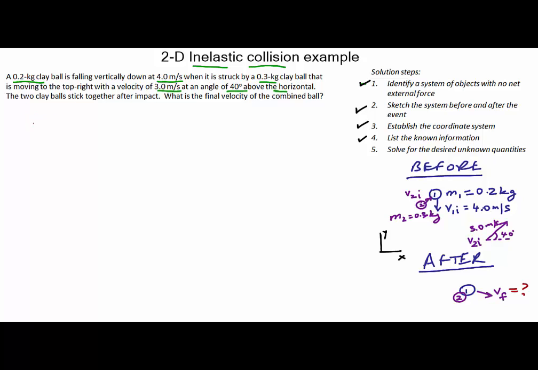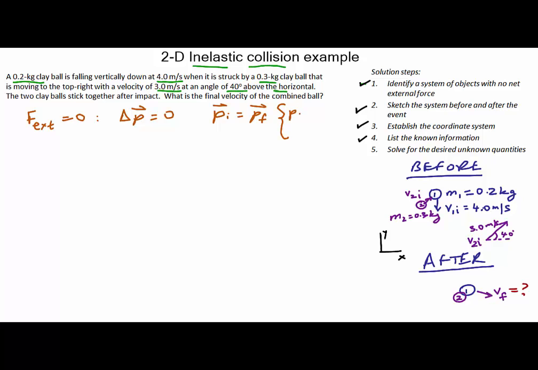So I've identified that there, and so now we can solve for the unknown quantities. Now since we're using momentum conservation to solve this, we have verified that F external is 0, which tells us that delta p is 0. There is no change in momentum, which means that p_i equals p_f. Now this is true as general vectors, and because of that it is true as the components as well.